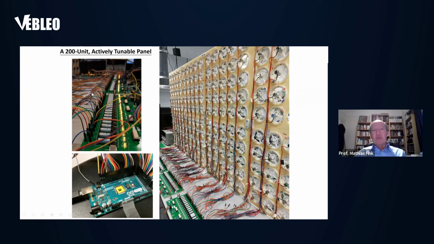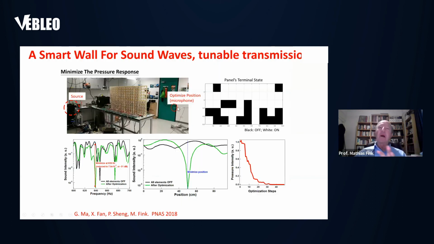And we are thinking to build an active wall for sound waves that can control the sound, so that what somebody who speaks in the room says will go only to another person and nobody else will hear it. We can imagine this kind of wall, and we are looking for this.